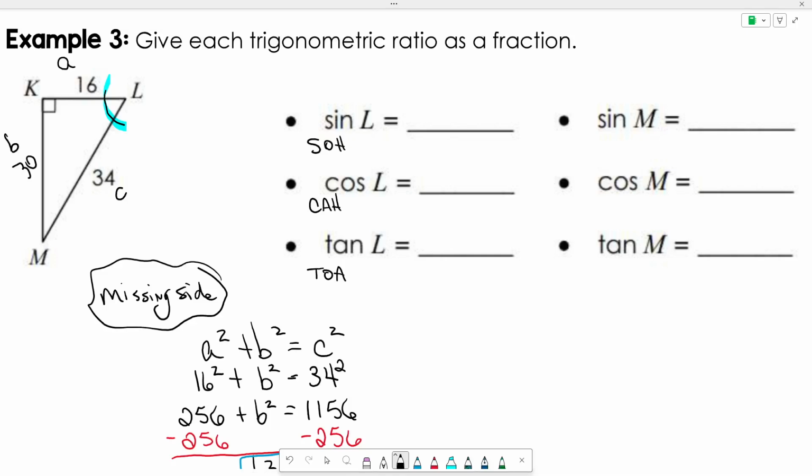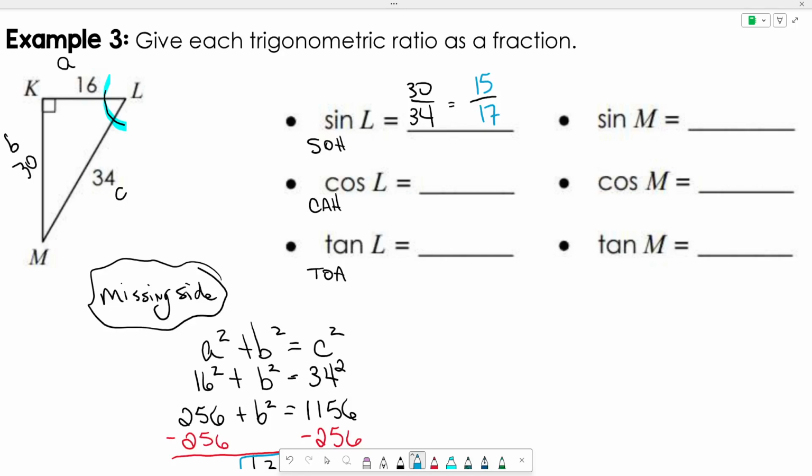I now go and do each of my ratios. My sine of angle L will be opposite, which is 30, over my hypotenuse, which is 34. But remember, anytime we're working with fractions or ratios, we always want to put them in simplest form. So I would reduce this one, and the final answer would be 15 over 17.